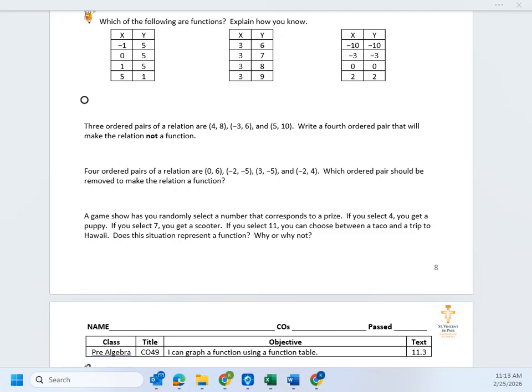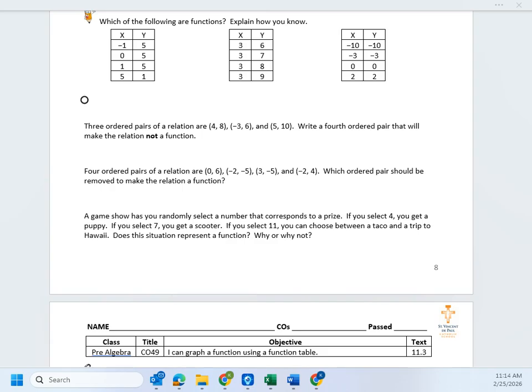4 ordered pairs of a relation are 0, 6, negative 2, negative 5, 3, negative 5, and negative 2, 4. Which ordered pair should be removed to make it a function? Cross off one that you're going to remove. So that would make the other 3 ordered pairs left an actual function. And a game show has you randomly select a number that corresponds to a prize.